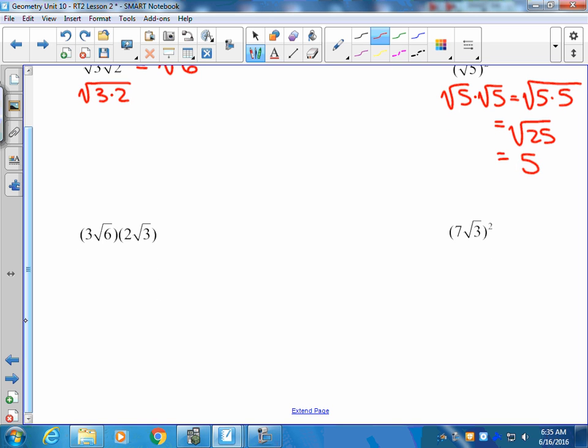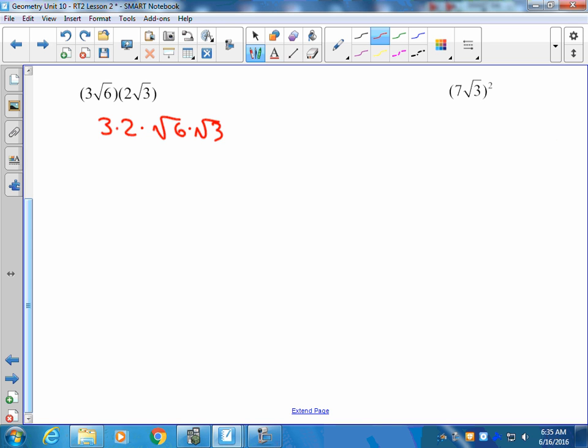Now when we get down to this bottom set, now we've got constant values and radicals. So what we want to do is reorganize it, constant times constant, radical times radical. So we've got 3 times 2 is 6. Now when we multiply our radicals, we get 18.